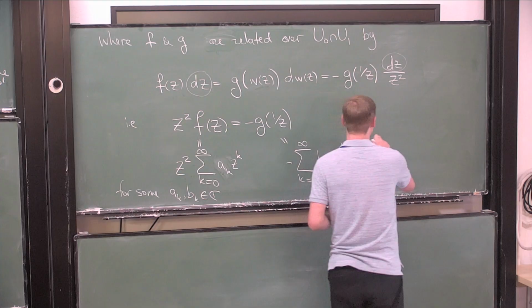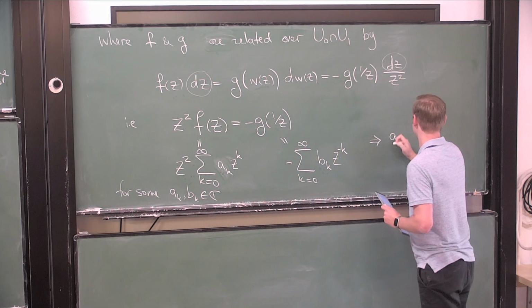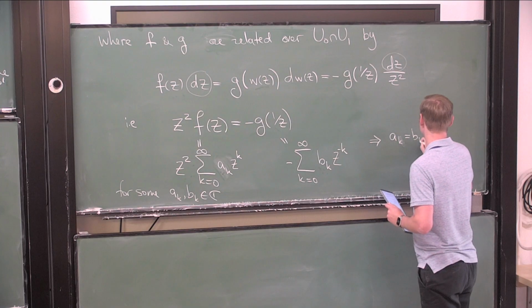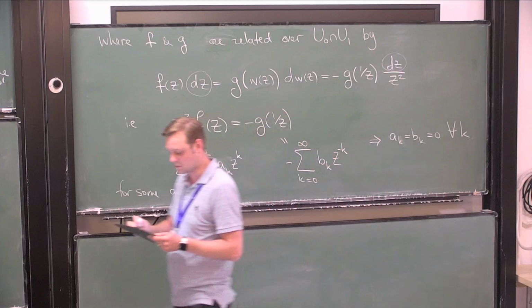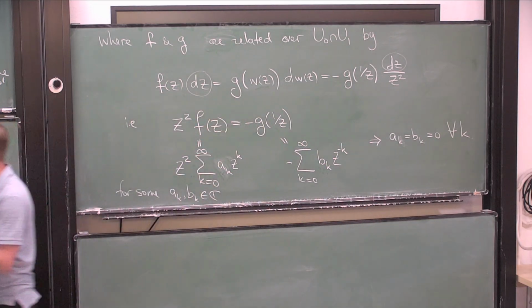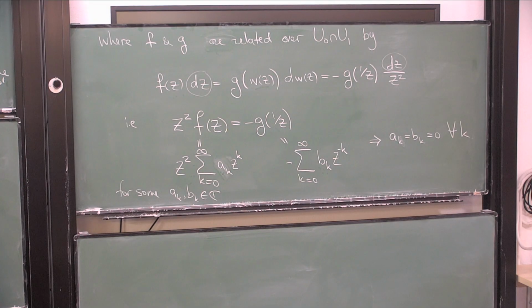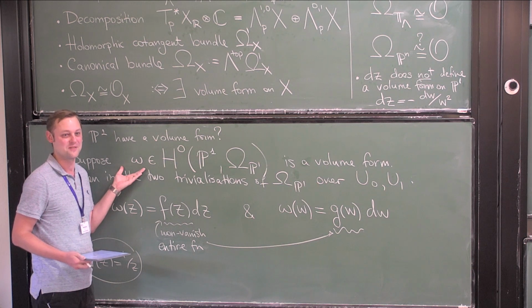So what we see from this slightly rough argument is that a_k, b_k is equal to 0 for all k. So in other words, this is certainly not a nowhere vanishing global differential form. It is very much vanishing.